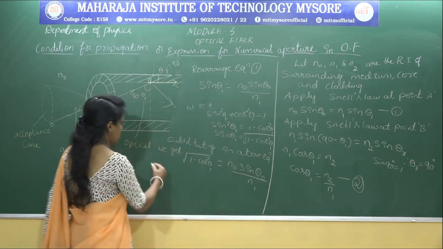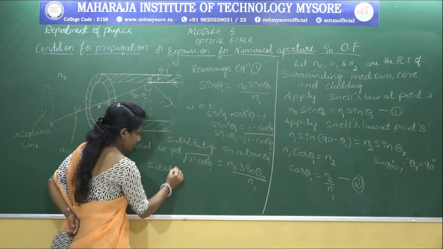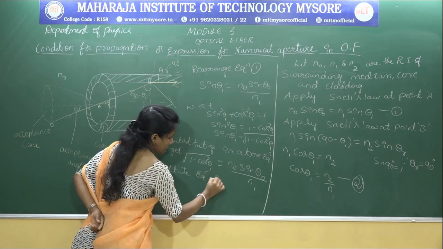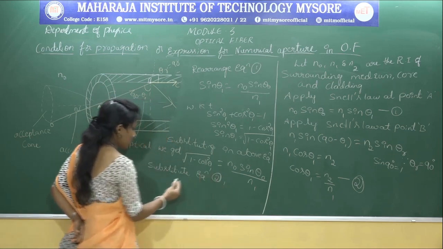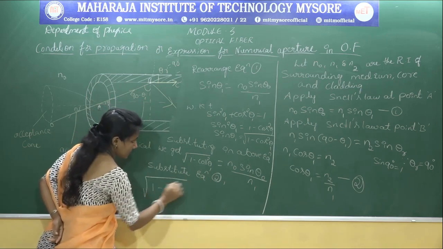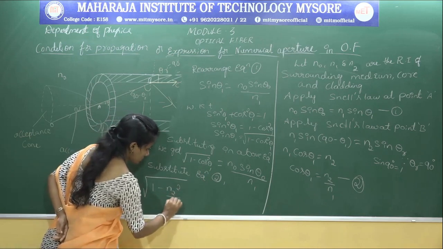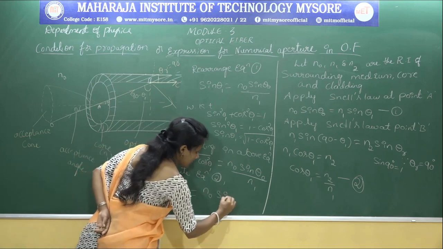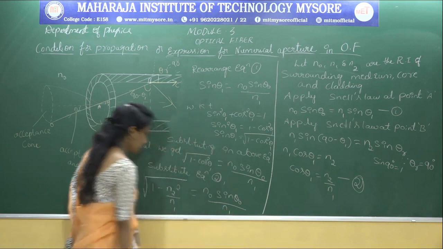So substitute equation 2. Then we get root of 1 minus cos square theta, that is n2 square divided by n1 square, is equal to n naught sin theta naught divided by n1.